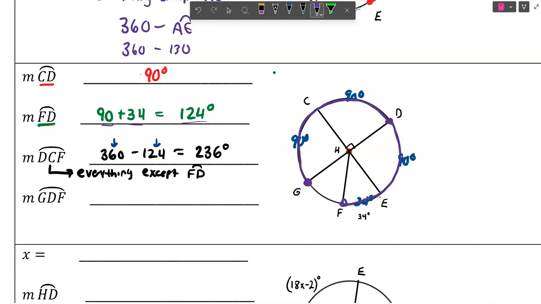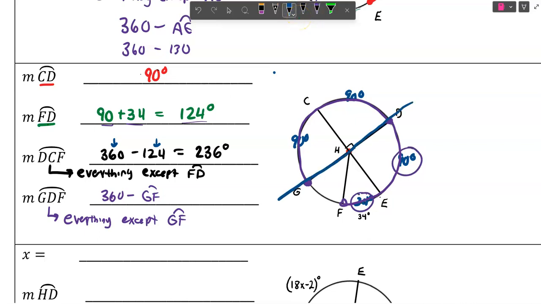Once again, we have another situation where it's everything except one little piece. So it's everything except GF. What I'm thinking here is we do 360 minus whatever GF is. So let's go ahead and do that. How would we find GF? Well, I know this is 34 and I know this is 90. We have our diameter cutting through here.